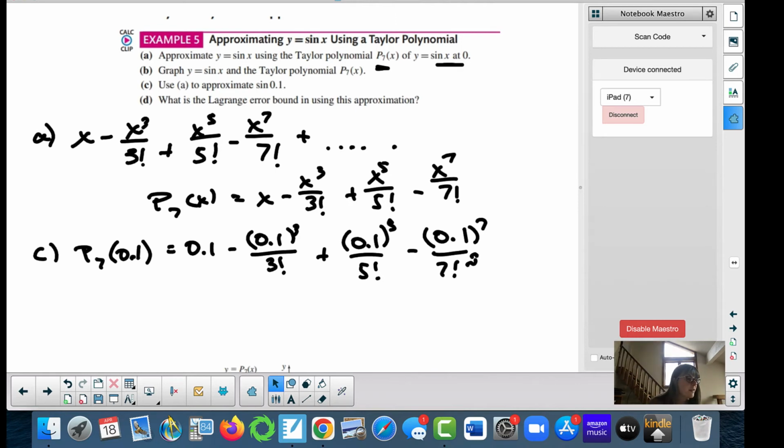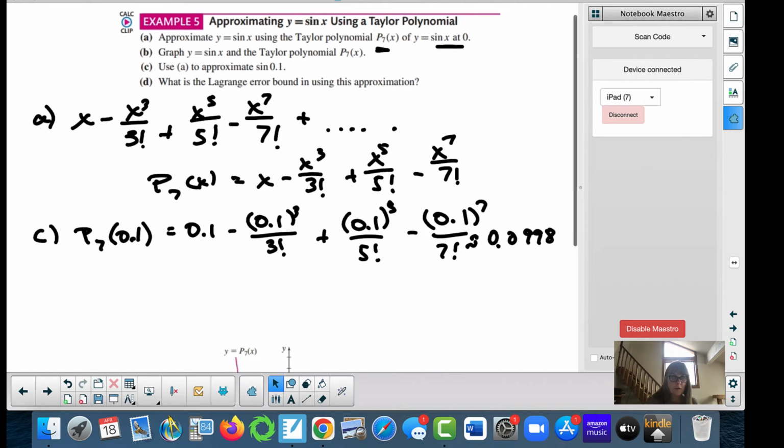And when we plug that in, we get approximately 0.0998. So what we've done is we've estimated the value of sine of 0.1 by using this Taylor polynomial.